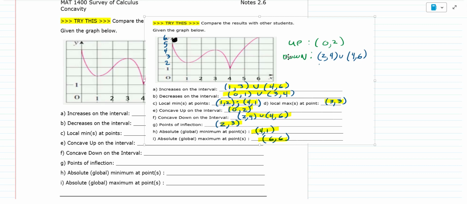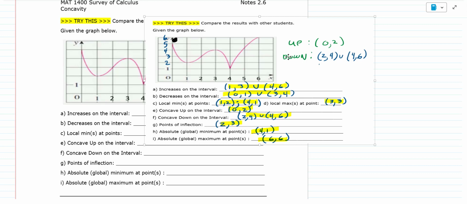This is a local max because the graph changes from increase to decrease. So you got your local mins right, and your local max right on there. But now you can have a point that is both a global minimum and a local minimum at the same time. All global means is it's just a point on the graph that's the highest or the lowest. That's all that means.